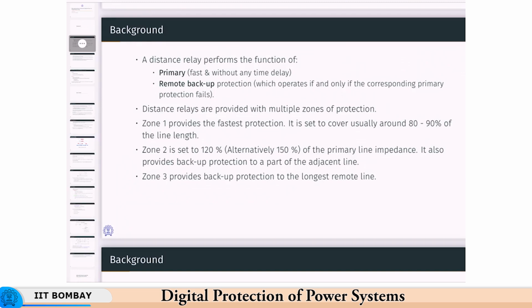The distance relay performs the function of primary protection, which is zone 1, and also remote backup protection of the adjacent lines. If their primary protection, like their zone 1 relays, fails, then this can provide a backup protection for those transmission lines as well. Since it has to perform this, it is given multiple zones of protection.